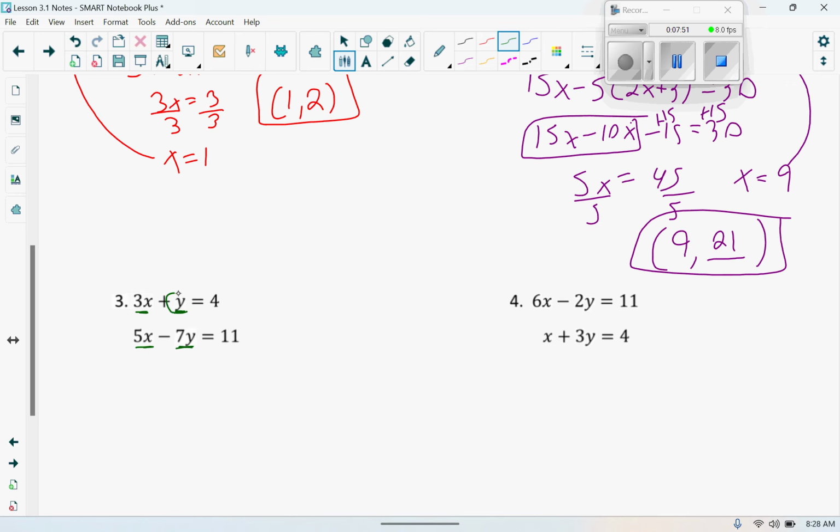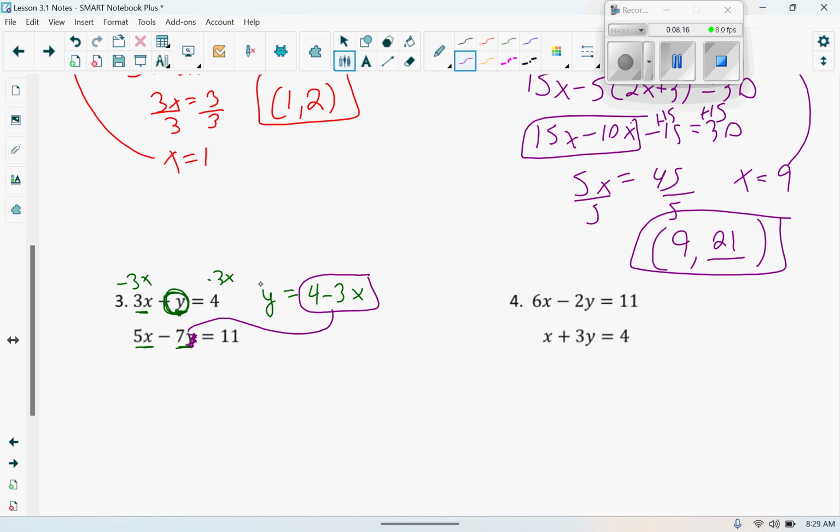For instance, this y is kind of alone here. So I'm going to solve for him. That's the easiest way to go. So I'm going to subtract 3x from both sides. And so I'm going to say y equals 4 minus 3x, or negative 3x plus 4. It doesn't matter.